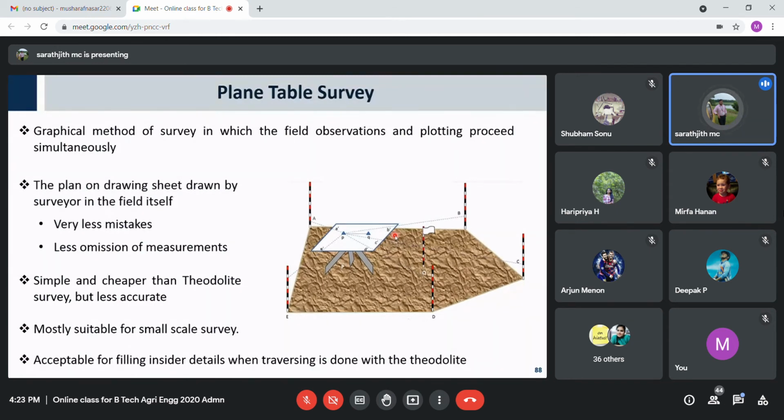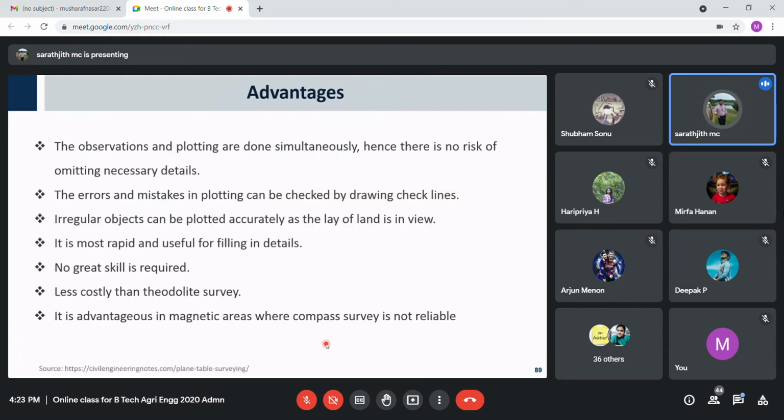But you are at the field itself, so you are free to take one more observation to verify it. Such an advantage is there if you use plane table surveying. Irregular objects can be plotted accurately as the lay of the land is in view, because you are at the field, and you can see all the objects, no matter whether they are regular or irregular.